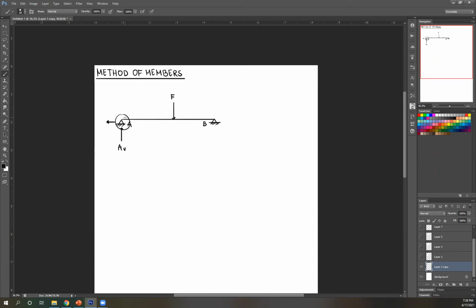So a hinge can either have a vertical or horizontal reaction specifically for this type of system. And then we have another hinge there. So same thing, you're going to have vertical and horizontal reactions.